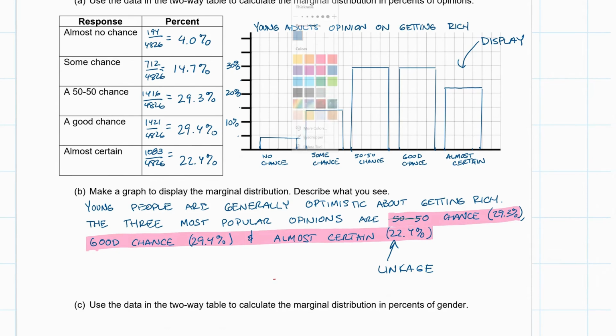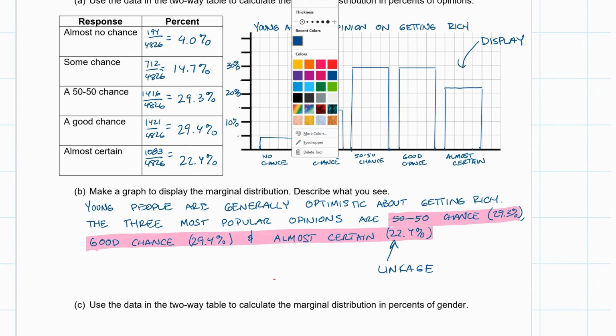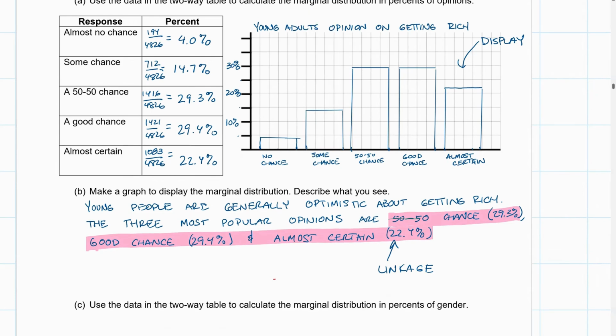We might even say that, as seen in the bar chart, where we saw that, all right? It links our opinion to the conclusions that we're making.